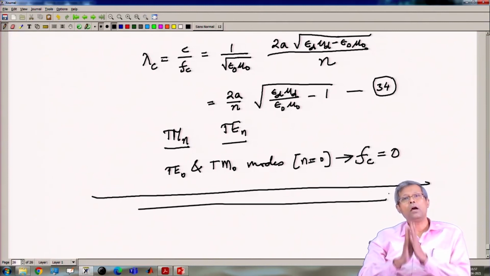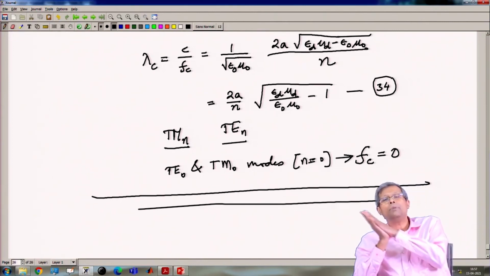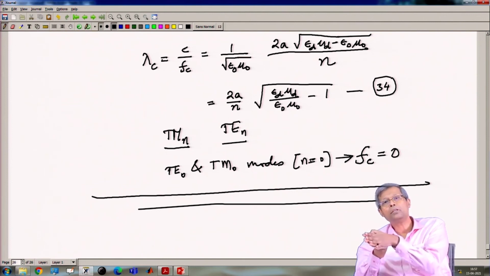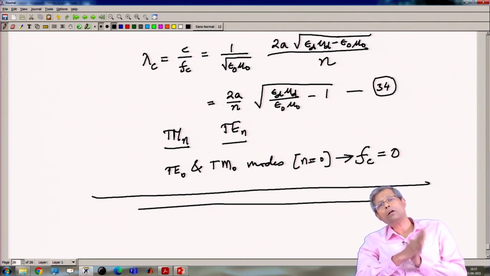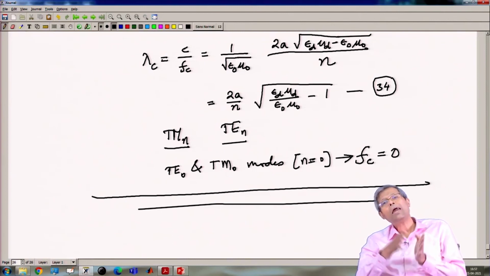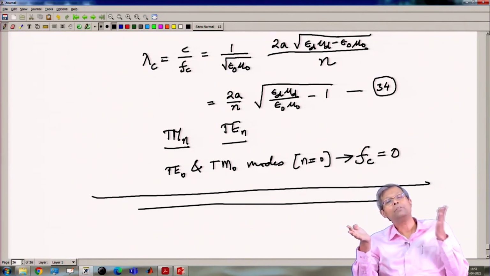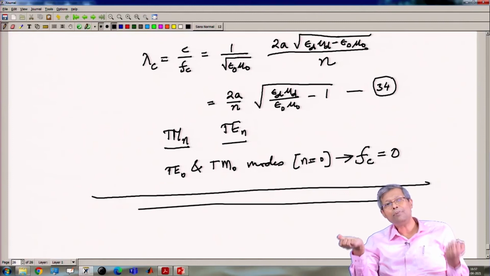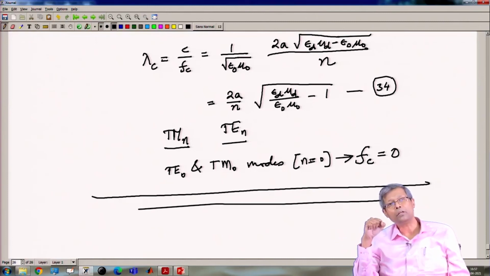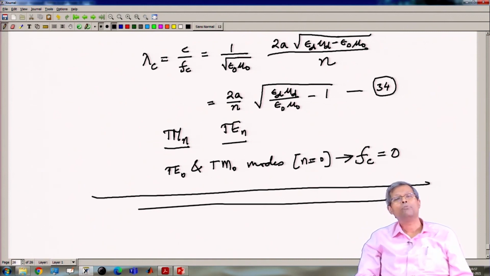We have a clear understanding of what is meant by propagation in a dielectric slab, what is meant by cutoff in a dielectric slab, what happens in propagation, what happens in cutoff, what are the relevant mathematical parameters characterizing the propagation region and the cutoff region, which is invaluable for the understanding of any kind of substrate based circuits. Thank you for your attention.